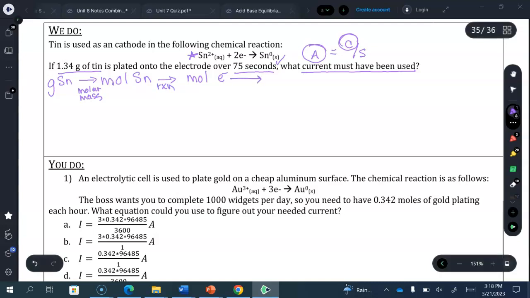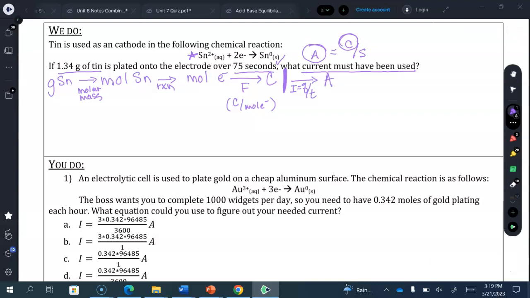Then we can change moles of electrons to coulombs using Faraday's constant, because that has units of coulombs per mole of electrons. So that relates those two. And then from there, and I'm going to put a little vertical line to tell myself that's where my conversion ends, I can use I equals Q over T to find my amps.